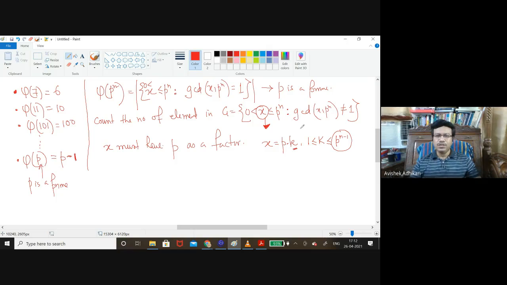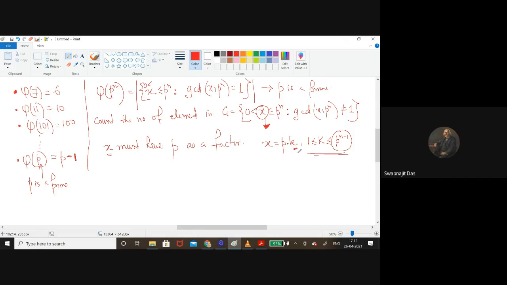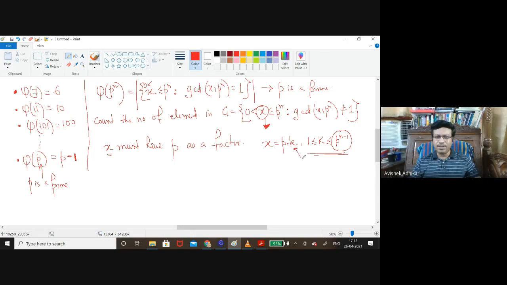So how many such x exist? It depends on k. For different k you will have different x, because the factor p is fixed. And how many such k are available? It varies from 1 to p to the power n minus 1.